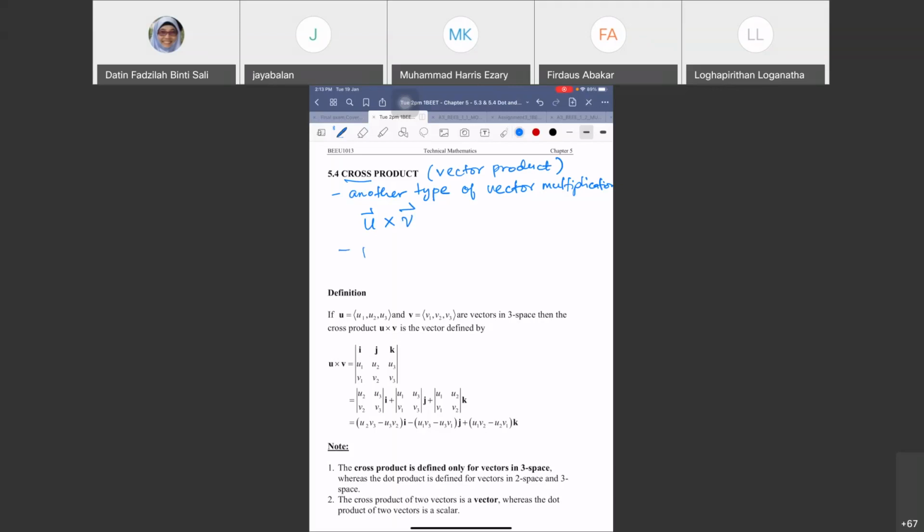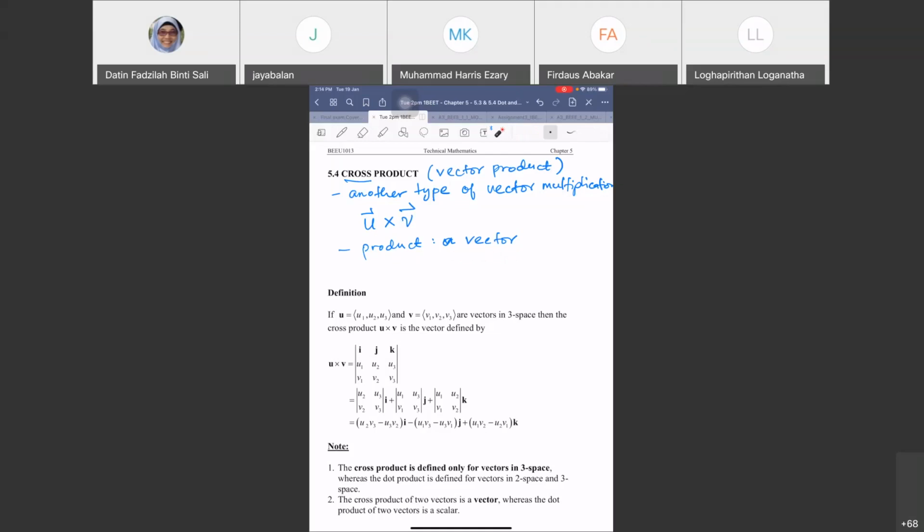So if you talk about the cross product, because the product is a vector, it has a direction. And of course, you can also find its magnitude, because a vector has a direction as well as a magnitude.